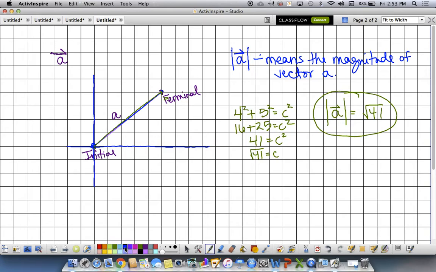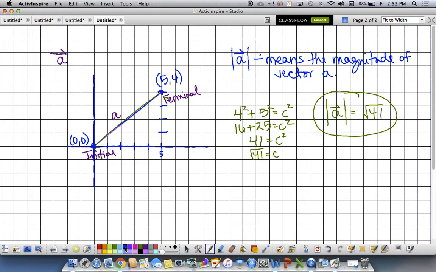Well, then I would have had to assign points, right? My initial point is still going to be 0, 0. Would I need to assign a coordinate to the terminal point? Yes. So I would go over 1, 2, 3, 4, 5, and up 1, 2, 3, 4. So this point would be 5, 4. Plugging into the distance formula, you should get the exact same answer. Okay?